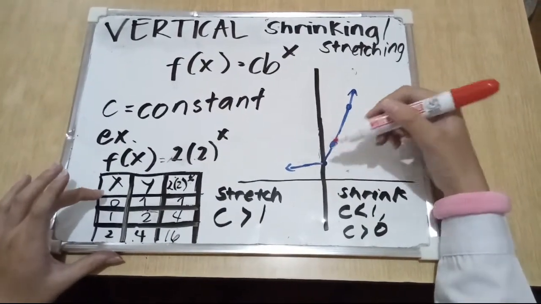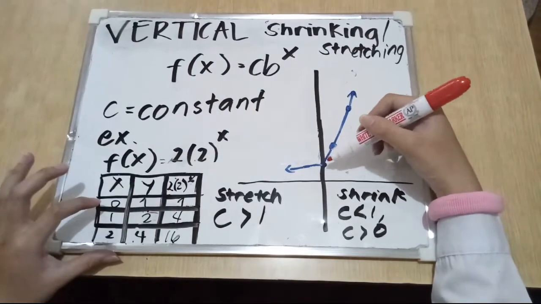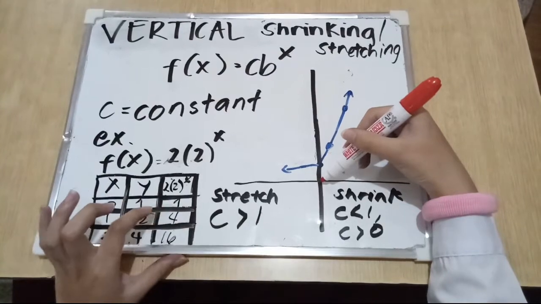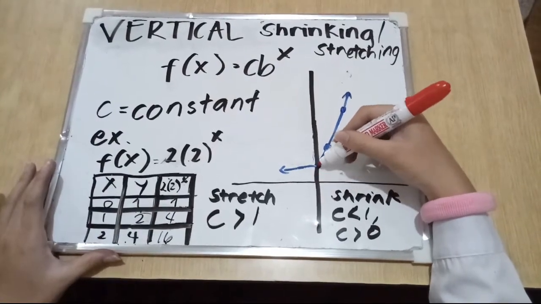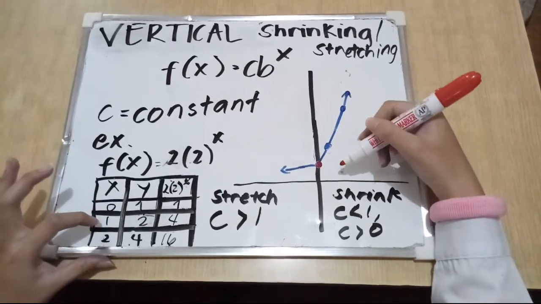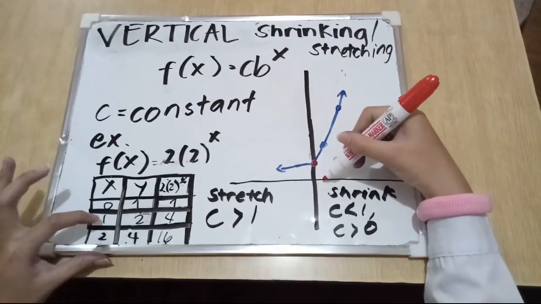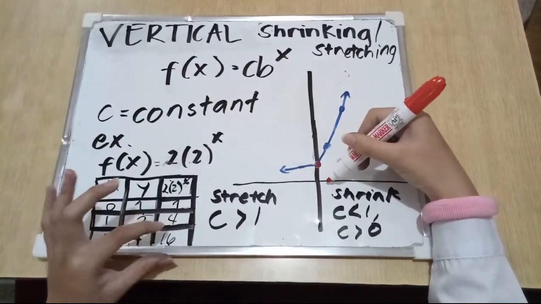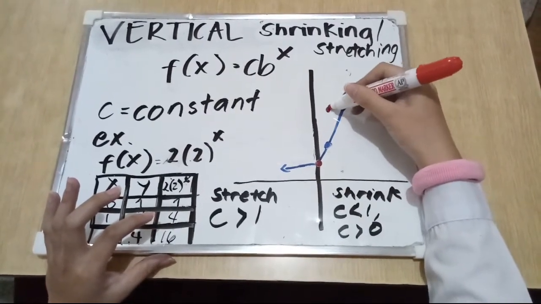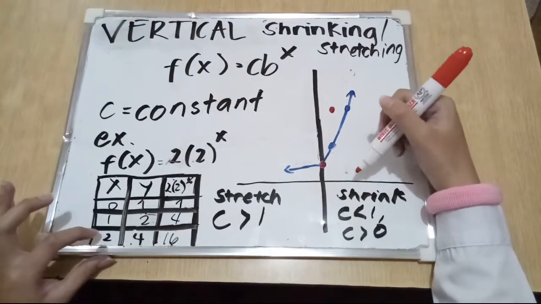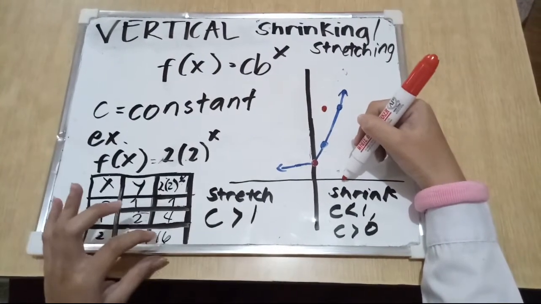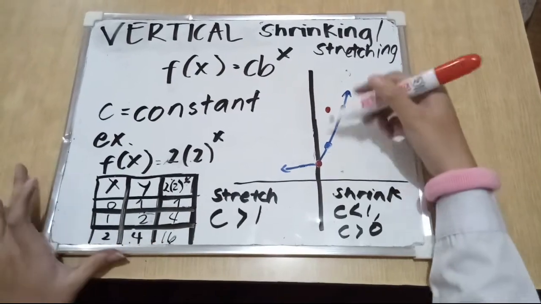First, the value of x is 0 and the value of 2 times 2 raised to x is 1. Next is the value of x is 1 and the value of 2 times 2 raised to x is 4. And lastly, the value of x is 2 and the value of 2 times 2 raised to x is 16.